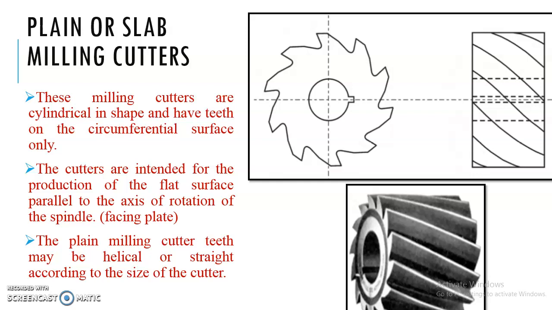Sometimes these cutters are useful for facing plates. So this is very simple, and in a variety of milling machines, such plain milling cutters are used, which may have a straight edge or a helical cutting edge.